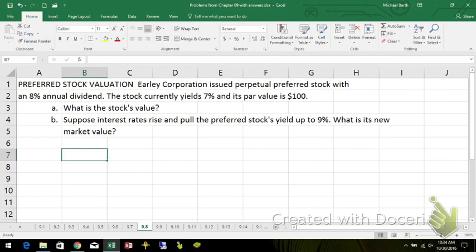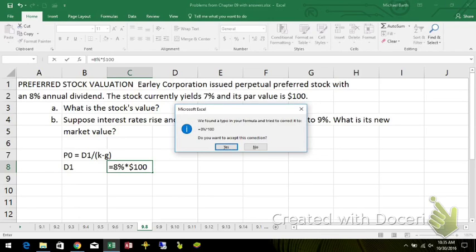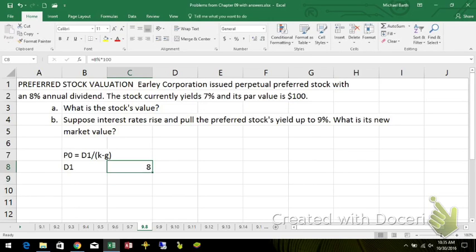All right, well, P0 is equal to D1 over K minus G. So what do we know here? D1, that would be 8% of the $100 par value, and that is $8 per year.